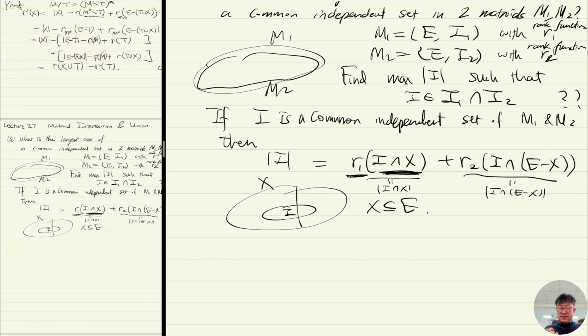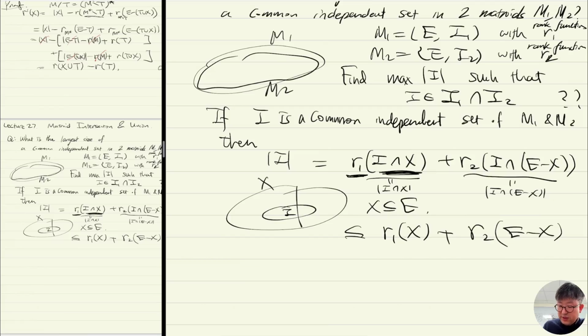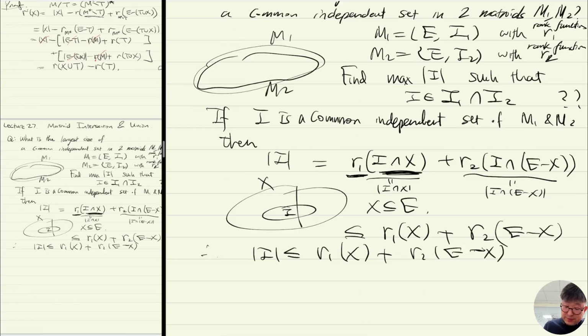So that means, okay, let me say it this way. The size of I intersection X is less than or equal to R1 of X, and the size of I intersection E minus X is less than or equal to R2 of E minus X. So the size of I is less than or equal to the rank of X in the first matroid plus the rank of the complement in the second matroid.